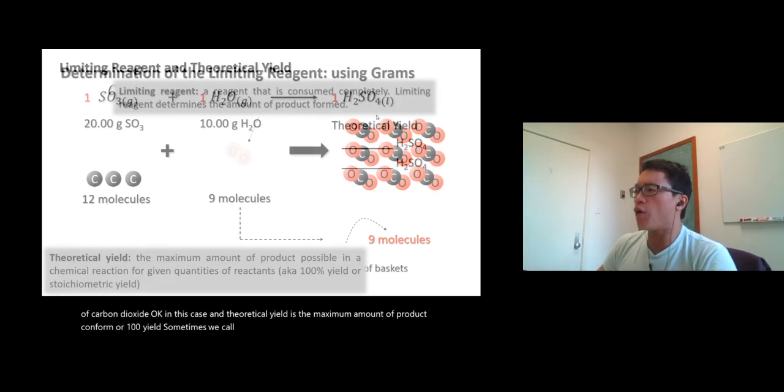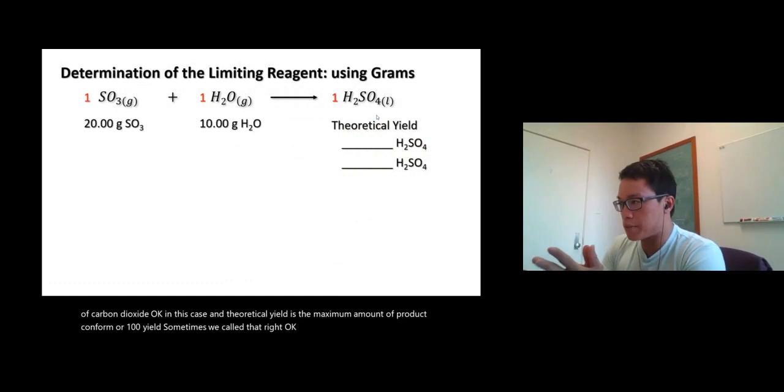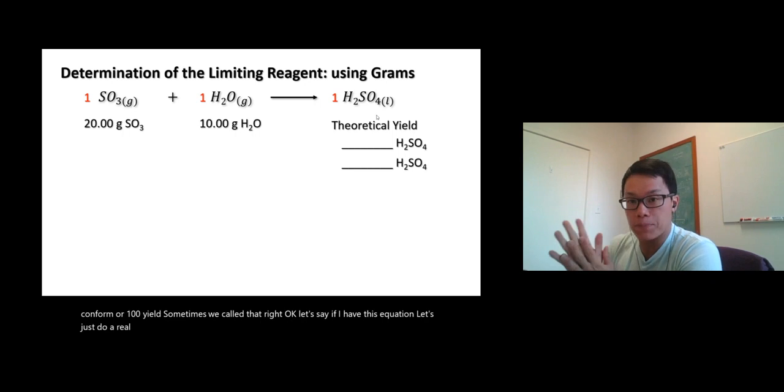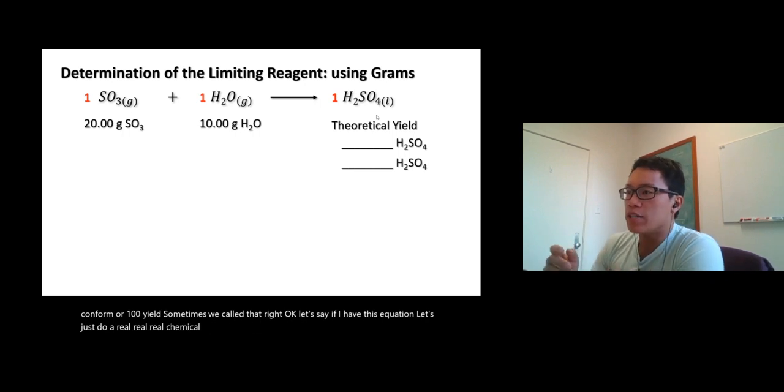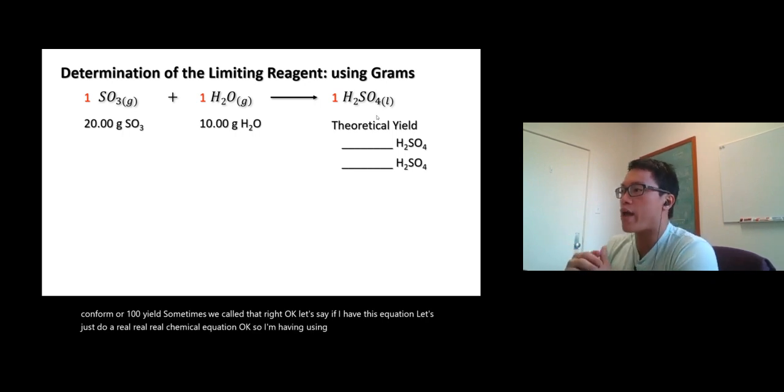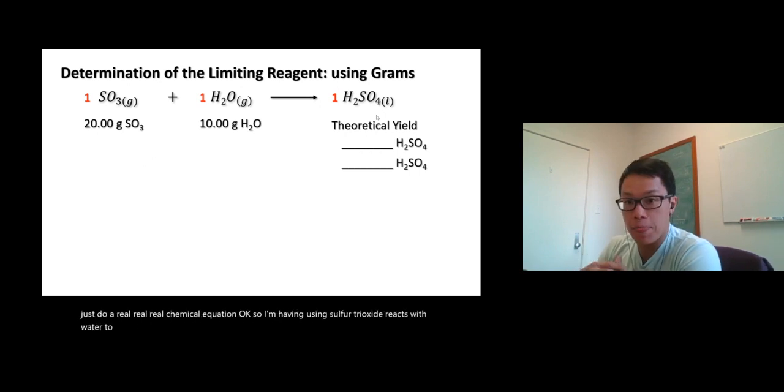Let's use a real chemical equation. I'm using sulfur trioxide reacting with water to make sulfuric acid.